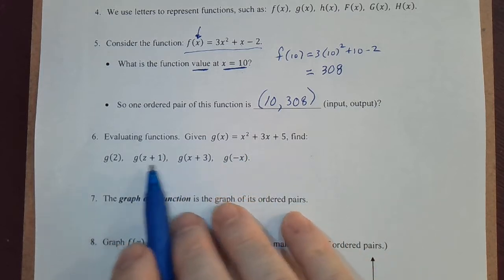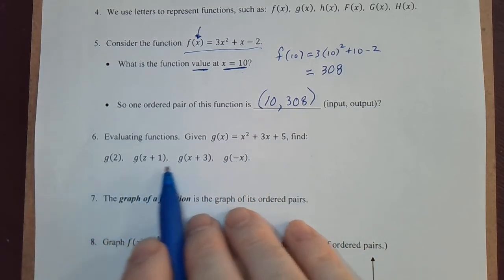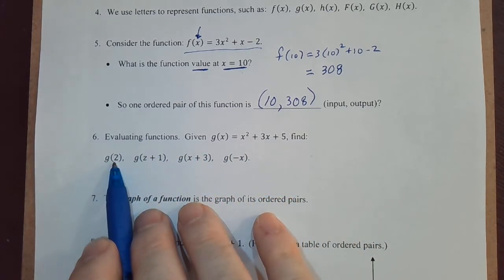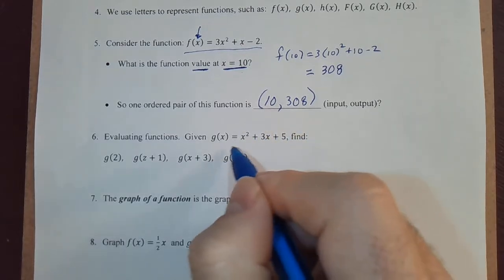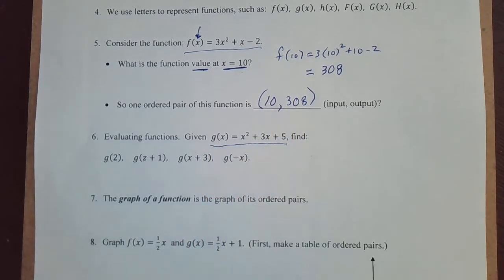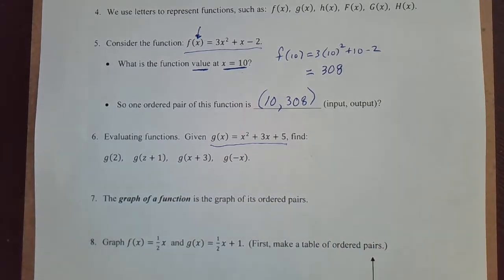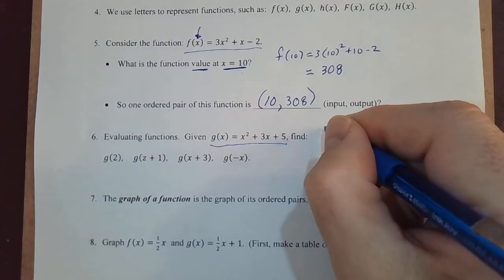Well, let's do the same thing, only this time we're not going to use only numbers to plug in for the x value. Given this function, g of x is x squared plus 3x plus 5, find g of 2. I didn't give myself too much room, so I'm going to start over here.